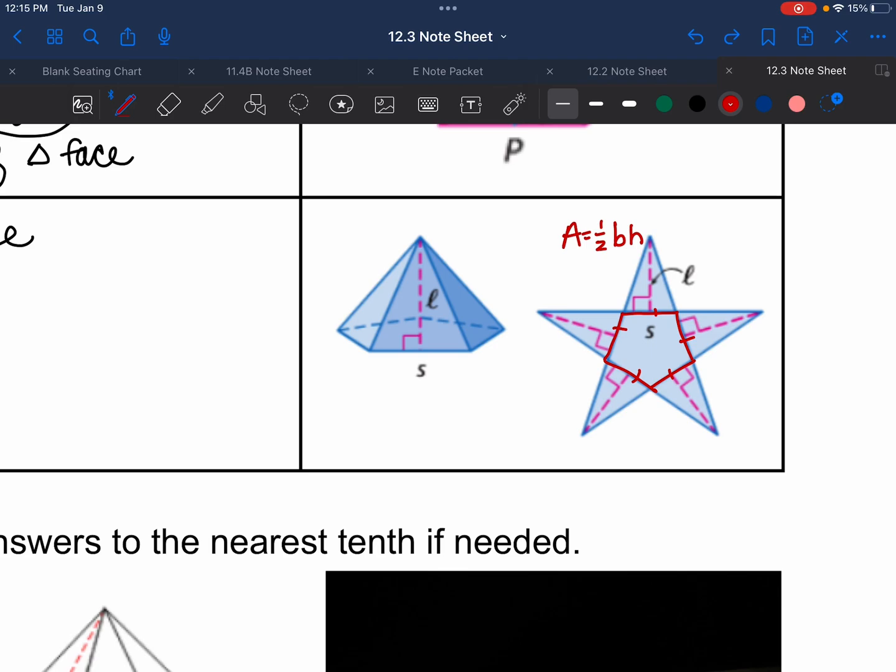So you are going to find 1/2 times the base times the height, and then 1/2 times the base times the height, and just keep doing that. If you add all those areas up, you're going to get a nice formula for the lateral area.